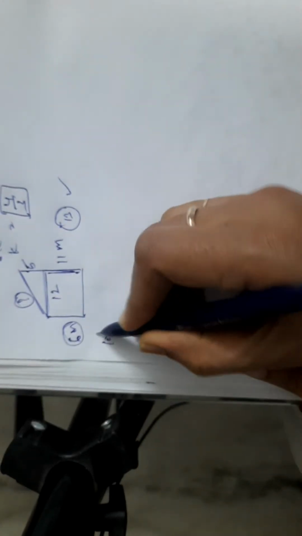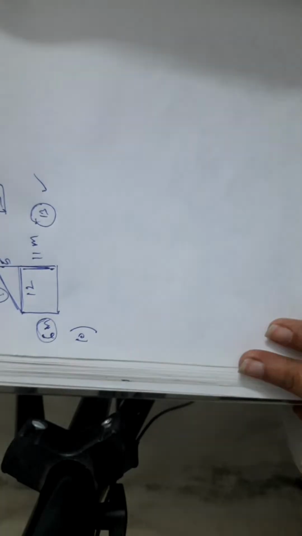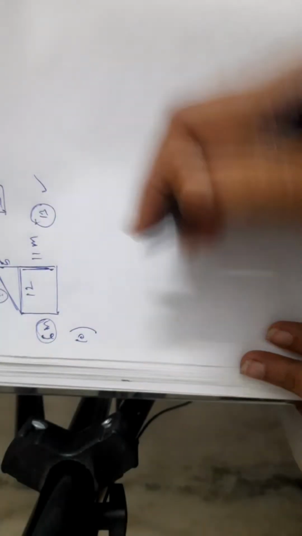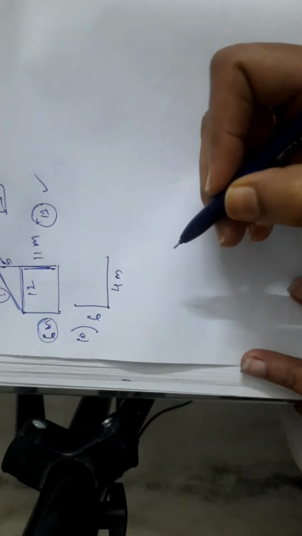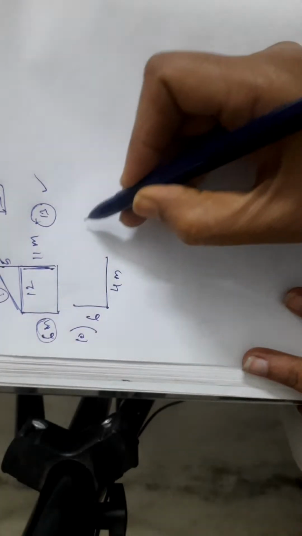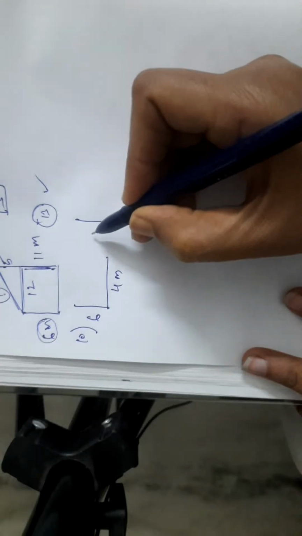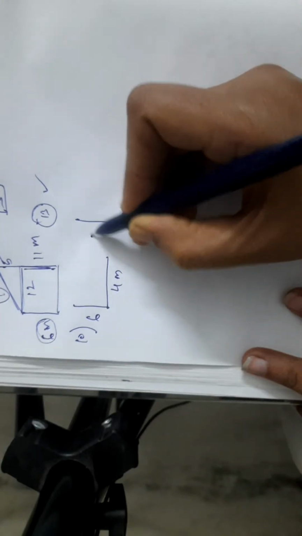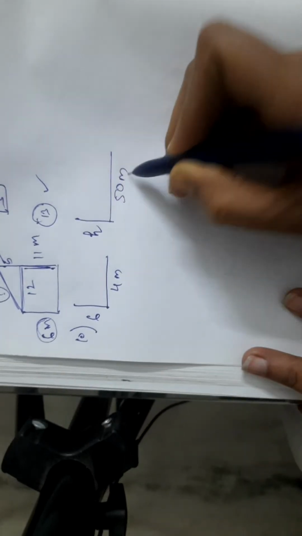So this is our 10th question. A 6 meter height tree casts a 4 meter long shadow. So here a 6 meter tree is there with a 4 meter long shadow, and at the same time a flagpole casts a shadow. Its height is not given, its shadow is given as 50 meter.